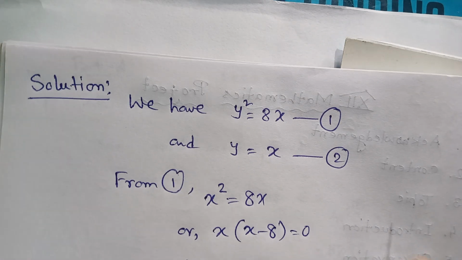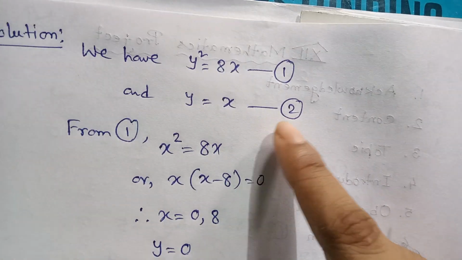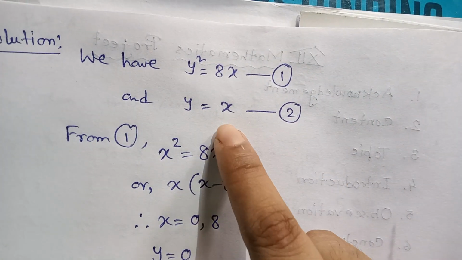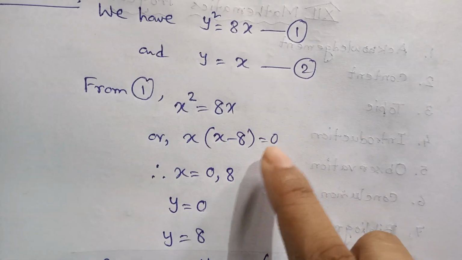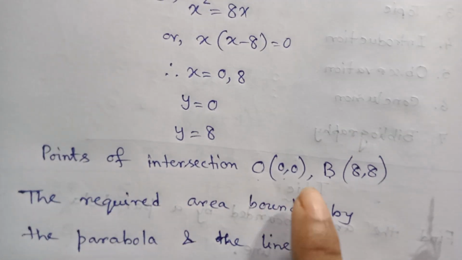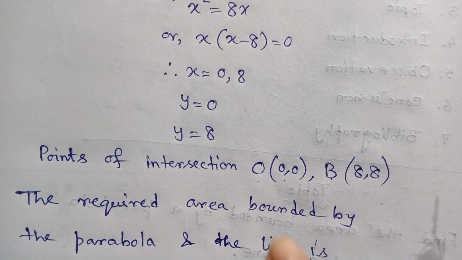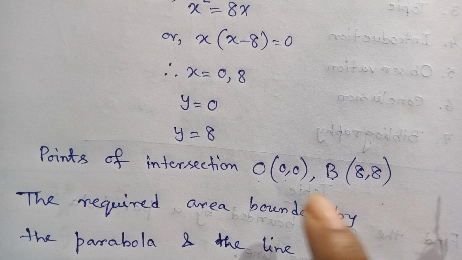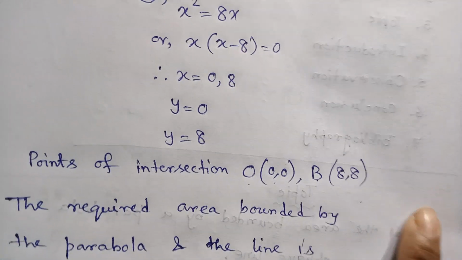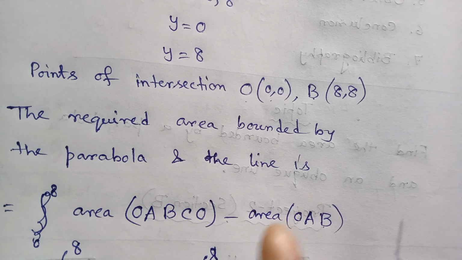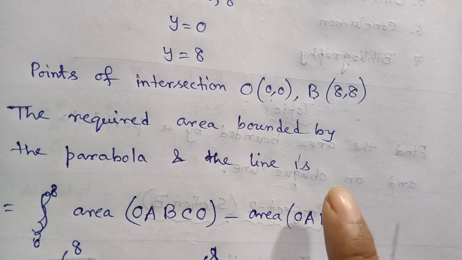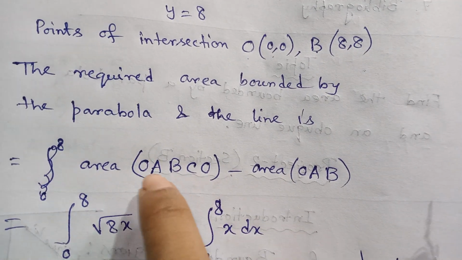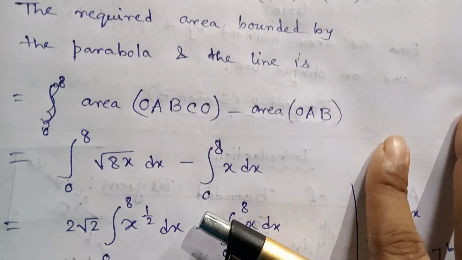So the next part is the solution. First we write the given two equations and then put the value of y in equation number 1. Then we find the two points of intersection: the coordinates of O, already we know origin O is (0, 0), and the coordinates of B will be (8, 8). Now the required area bounded by the parabola and the oblique line is the whole area minus the area of the triangle.